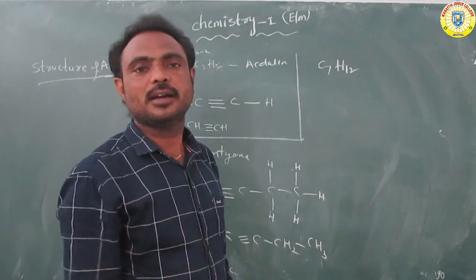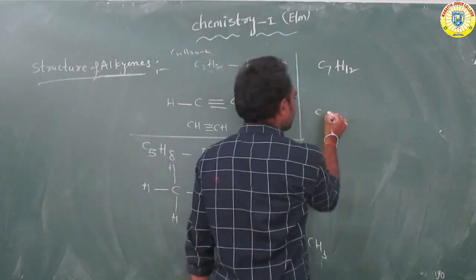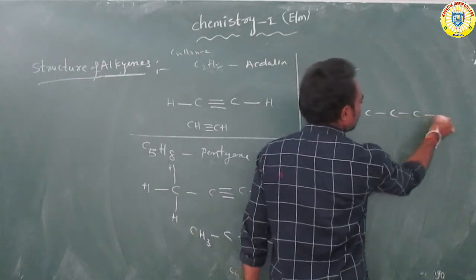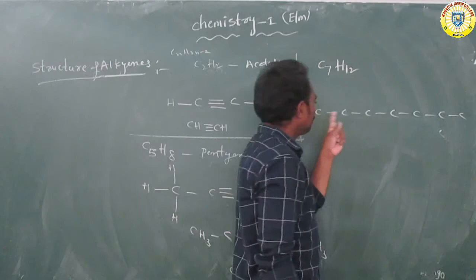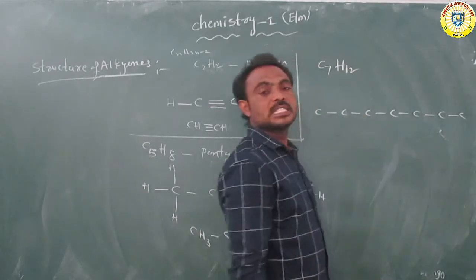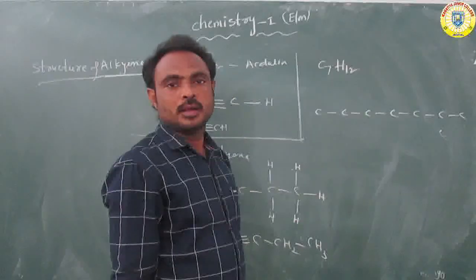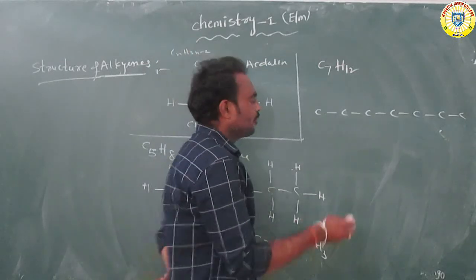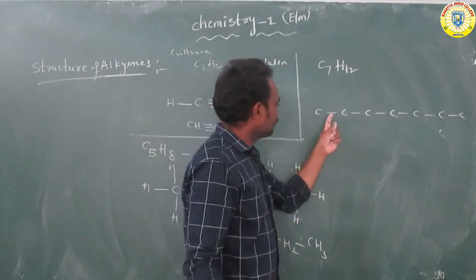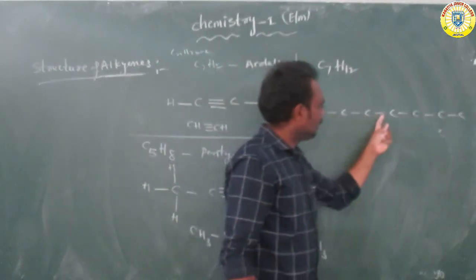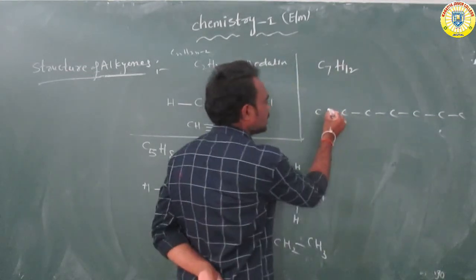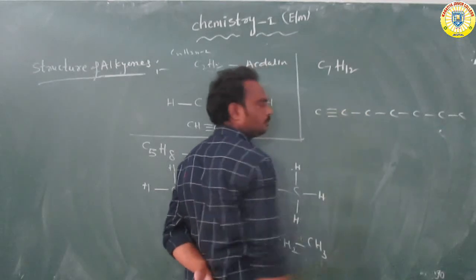First we write carbon, bond, carbon, bond, carbon, bond, carbon, bond, carbon, bond, carbon, bond, carbon. 1, 2, 3, 4, 5, 6, 7. So here 7 carbons. We write the triple bond at any place, for example this place, or the middle place, or the last place.